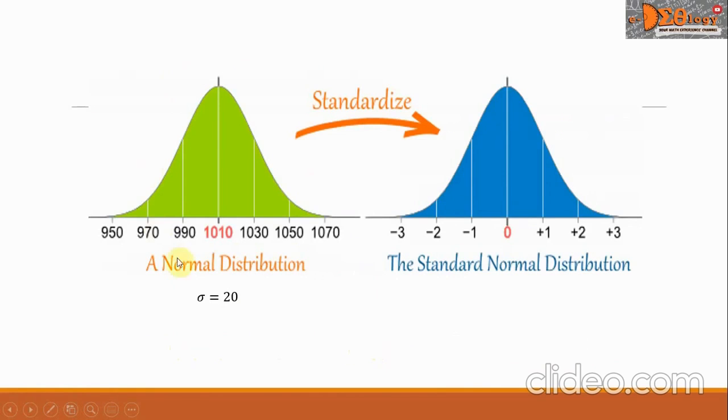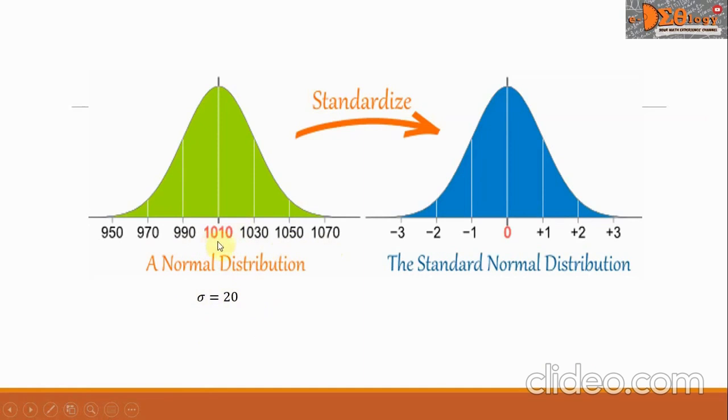Let us have this example. Here is a normal distribution. The mean is at the center at 1010. Sigma, or the standard deviation, equals 20. In here, the interval of the numbers are measured by the standard deviation.